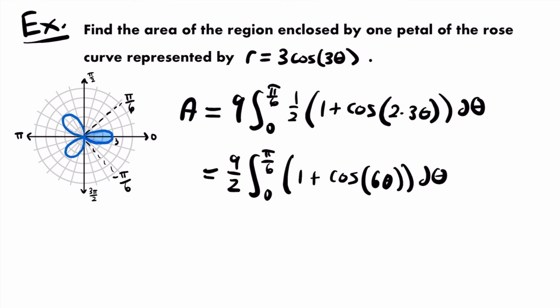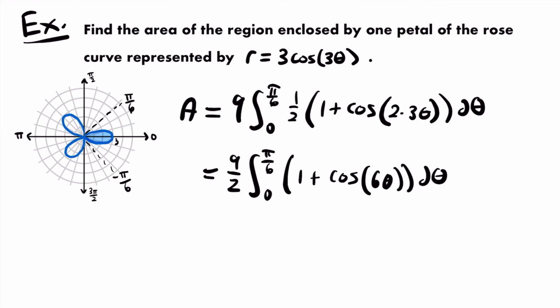Okay? So now what we're going to do is split up this definite integral into 2 integrals, one for this term and one for this term, because in order to integrate cosine of 6 theta, just like cosine of 2 theta, we need to use u substitution. Because we have cosine of some function other than just theta, we need to use u substitution, where we set u equal to that inside function.